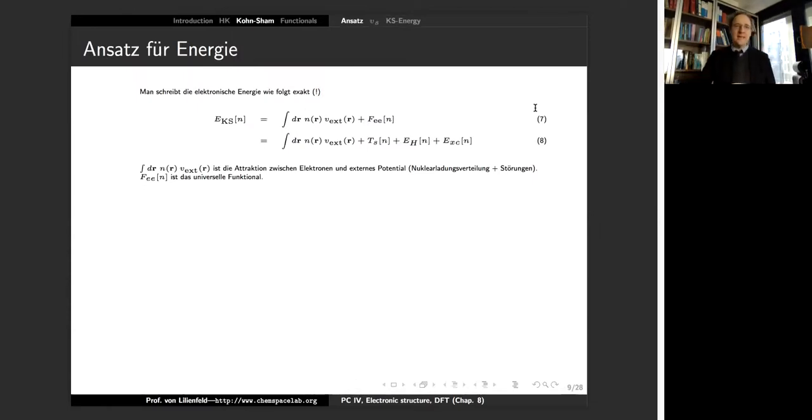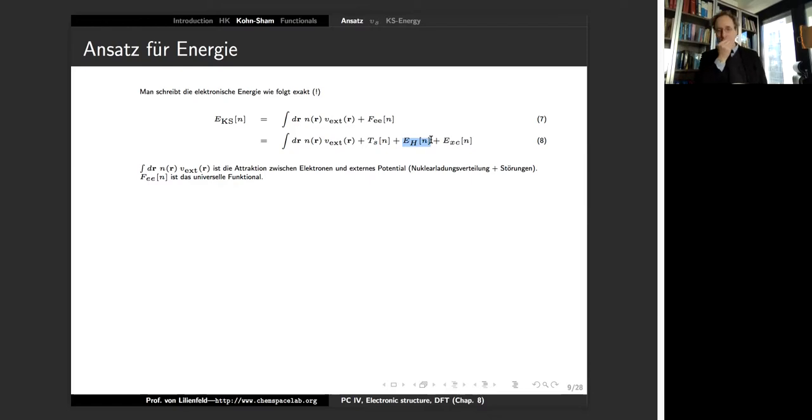Now, we can write the electronic energy within Kohn-Sham exactly in this way, where we have our energy from the external potential with some electron density, and we have an electronic universal functional, capital F, which consists of the Kohn-Sham kinetic energy and the Hartree repulsion of the electrons, right?